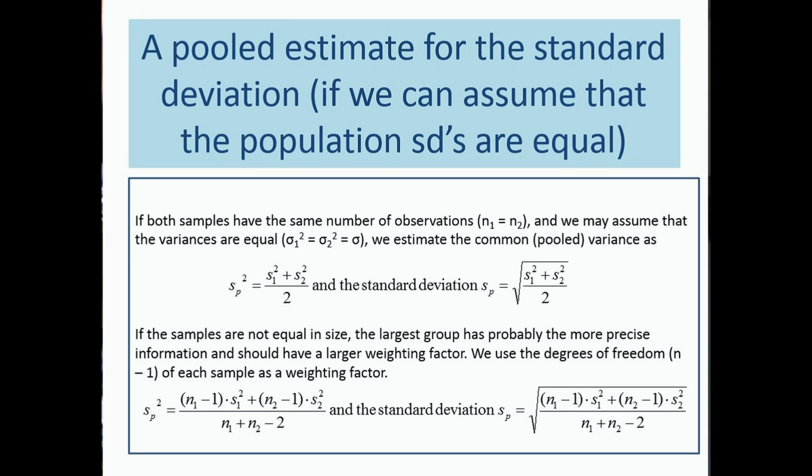It's calculated by taking the variance of the first sample, multiplied by n1 minus 1, taking the variance of the second sample, multiplied by n2 minus 1, sum them up, and divide by the total sum of the weighting factors, n1 plus n2 minus 2. This is the formula for the pooled variance, so the pooled standard deviation is the square root of it.